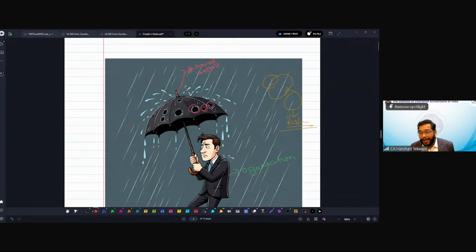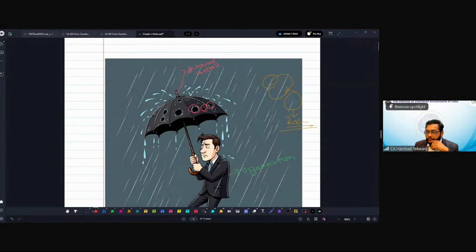The umbrella is not doing its job as it was expected to do, because it has some holes in it. Now, if that umbrella has these holes, which is defeating the purpose of the umbrella, what do we call these holes? Can anyone tell me?